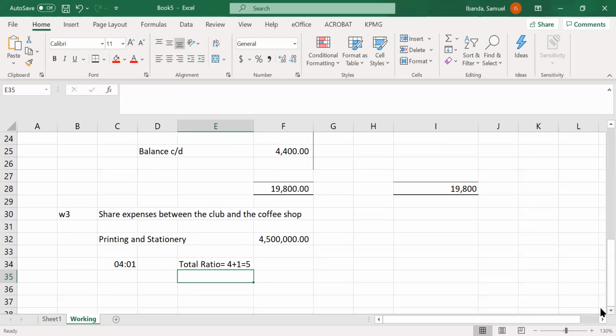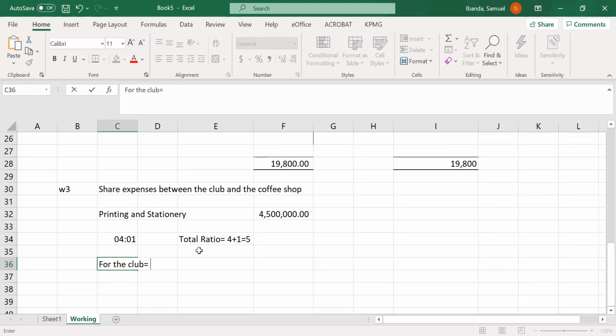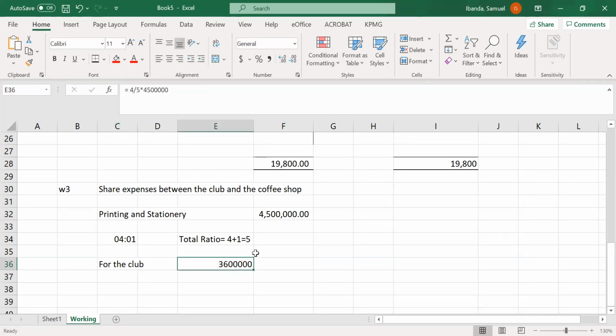So it means that if I want to get the ratio for the club, the ratio will be 4 out of 5 times the 4.5. Four out of 5 times 4.5 gives me that value.